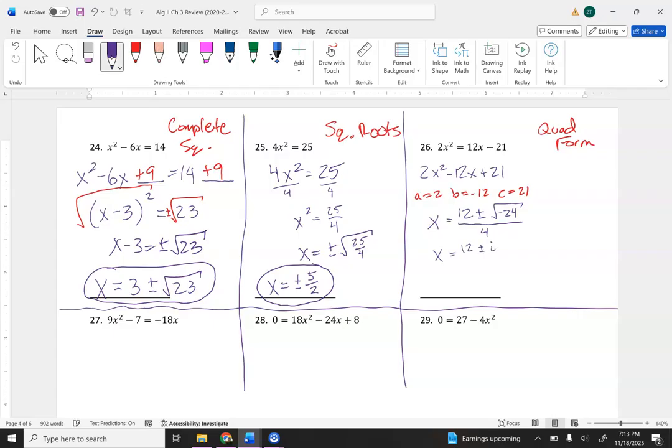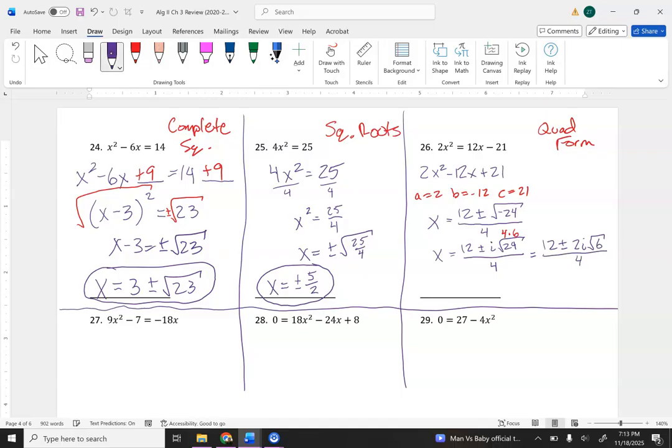So go ahead and set that i on the outside here. And then 24 can be broken up into a 4 times 6. That 4 can come outside of the square root, which would give us 12 plus or minus. When that 4 comes outside, it becomes a 2, because the square root of 4 is 2.